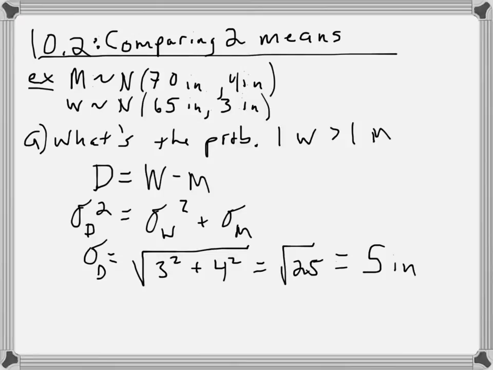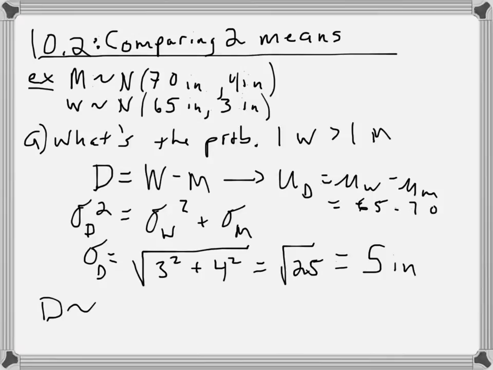So when we say D here, the difference is between one randomly selected man and one randomly selected female. And I apologize, I forgot to find the mean difference here. The mean difference is going to be, in this case, the way I defined it, the mean woman height minus the mean man height. So that's going to be 65 minus 70. And that's where my negative comes in.